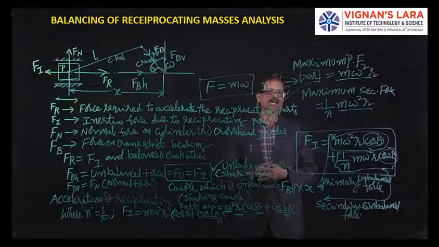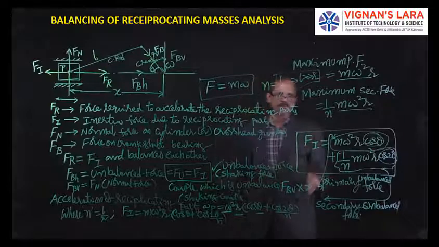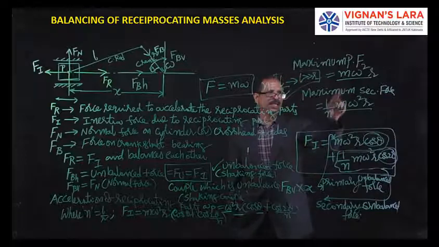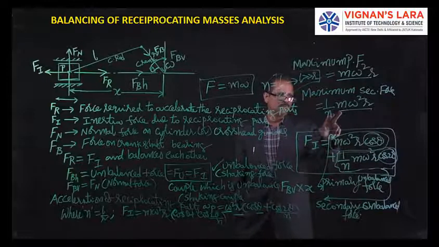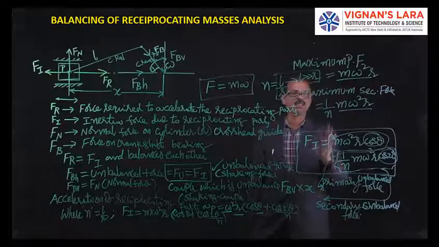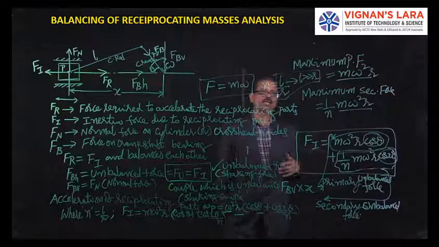But when you require more precise calculation, then we consider both primary as well as secondary. The secondary unbalanced force is 1 by n m omega square r and the primary unbalanced force is m omega square r. They are balanced with the same concept as balancing of rotating masses.